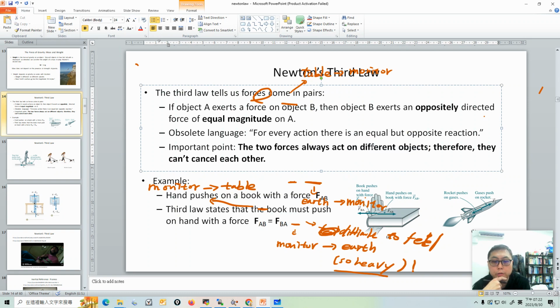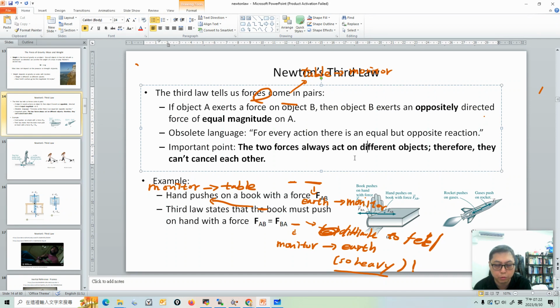Most of the time when we draw the free body diagram, we want to do the force analysis on only one object. So we really don't care about the reaction pairs. We never draw them in the free body diagram. I will demonstrate later.